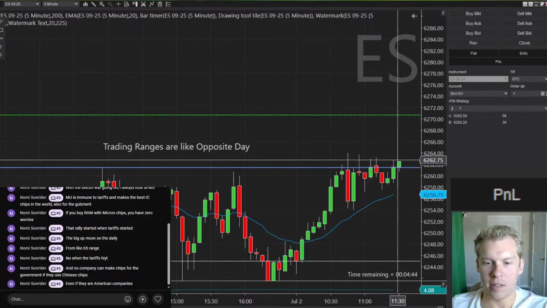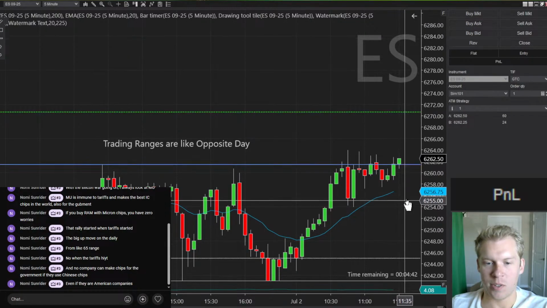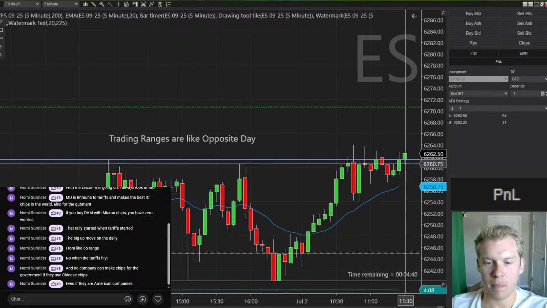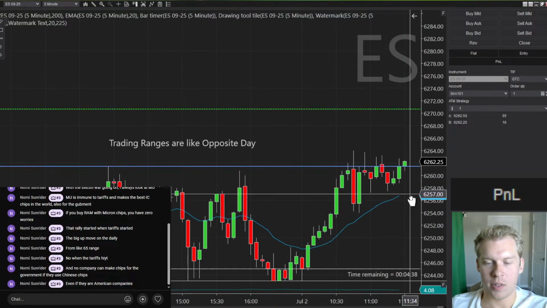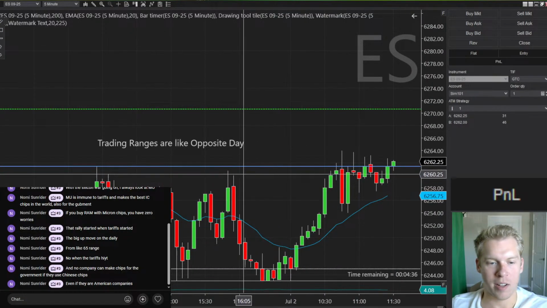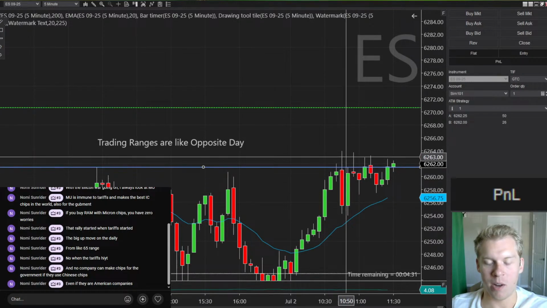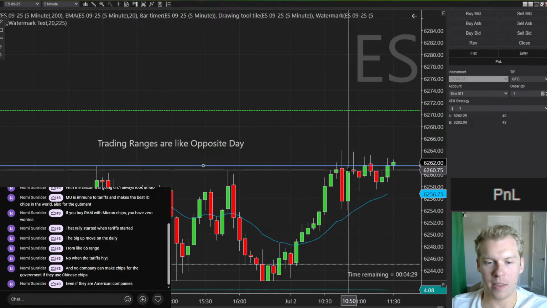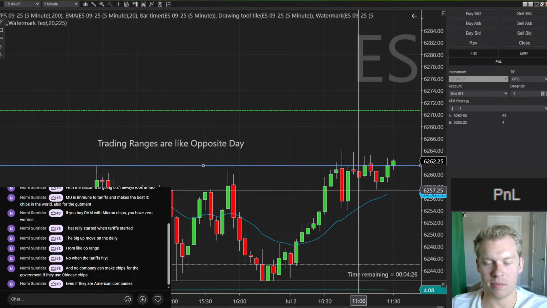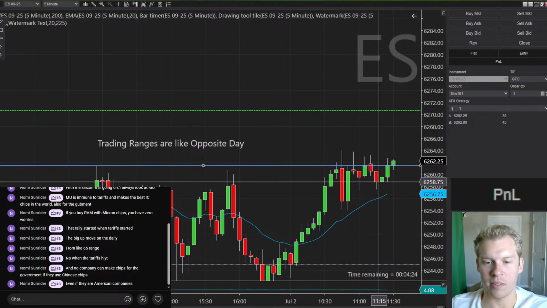So not a bad spot for a swing buy above that. This is like the breakout pullback I've been talking about. Here's yesterday's high. We've broken out of it a couple times, but the bears are failing to actually send the market back down.